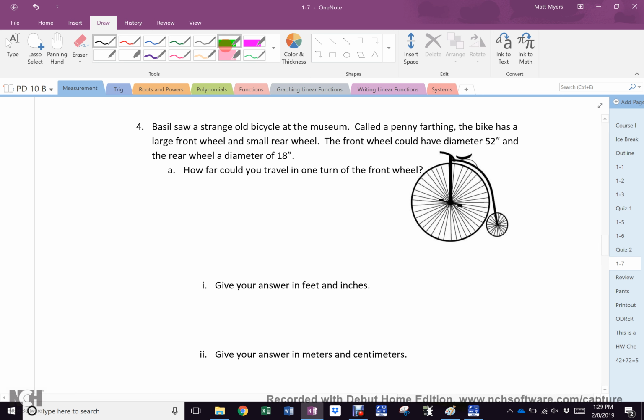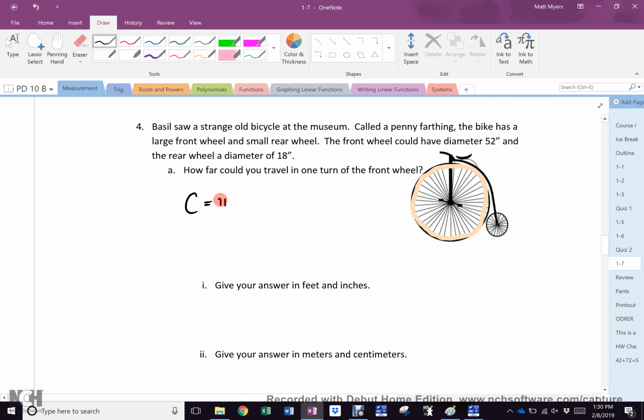The front wheel is here. What measurement of the front wheel is the distance it will travel? The circumference. This. That's a bad color. This. How do I find the circumference?